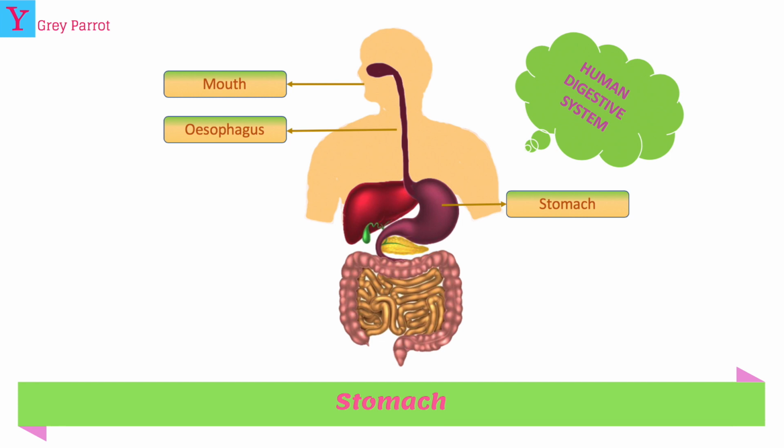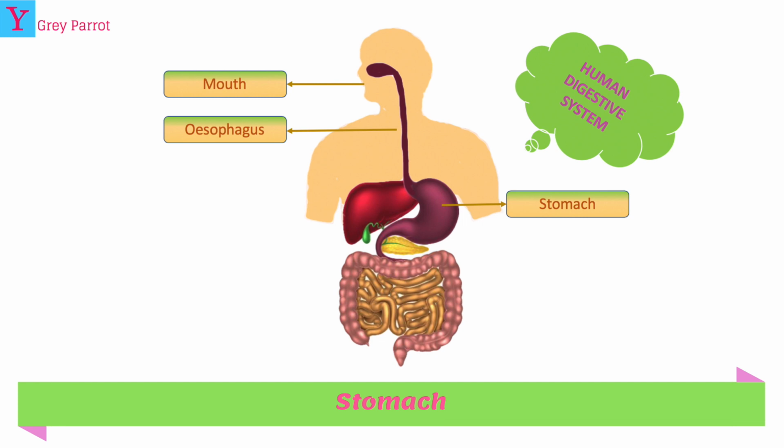Now let's talk about our stomach. Our stomach is part of the digestive tract, and both physical and chemical reactions happen here. The food that we eat goes to our stomach and stays there for at least 2 to 4 hours. Our stomach releases gastric juices, which are nothing but pepsin and hydrochloric acid.